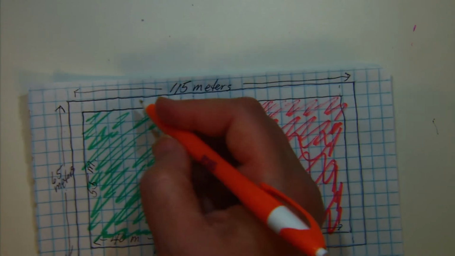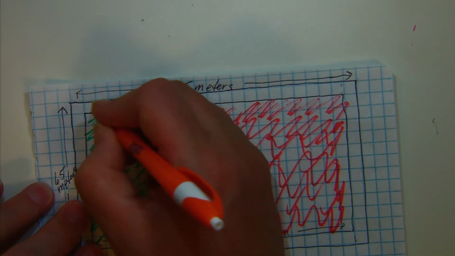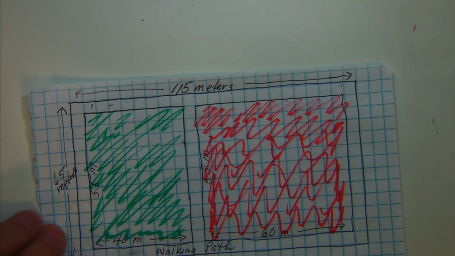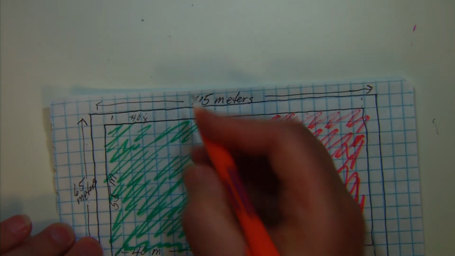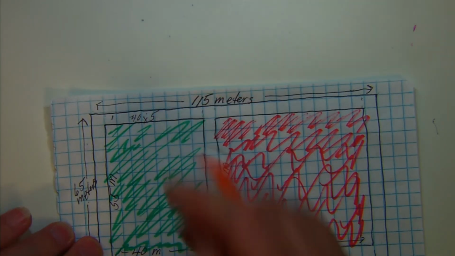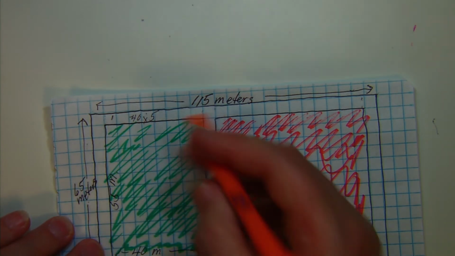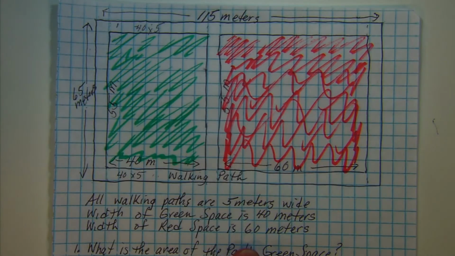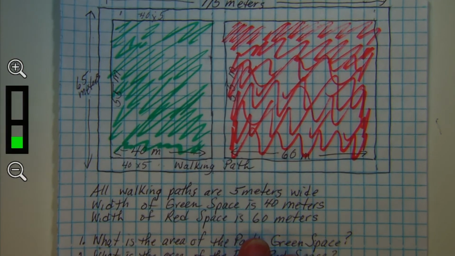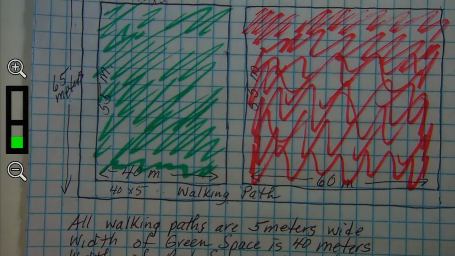Then I have rectangle 1 here, which is 40 meters long by 5. And that's the same as this one too, 40 meters times 5. I'm writing kind of tiny, so let me zoom in and we're just going to break up the parts.